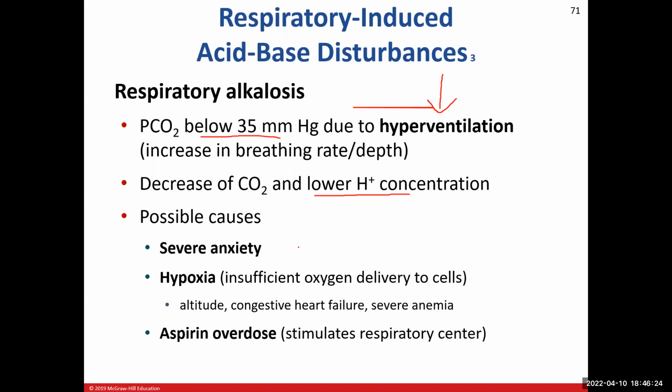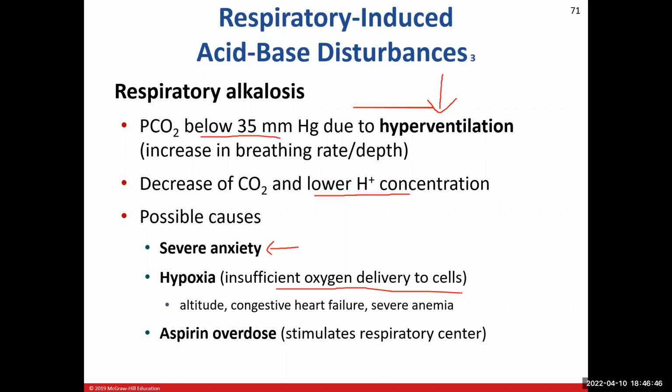What are some of the causes? All right, panic attack, anxiety is a perfect example. Or you decided to go climb a mountain and you didn't properly acclimate yourself to that increase in altitude where the air is thinner. So you are getting decreased oxygen to your cells. We call that hypoxia.